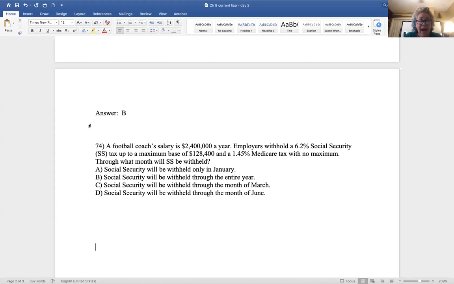So how much does the coach earn a month? $200,000. Good. So then what is the question here? Through what month will they have to withhold Social Security tax? When would the coach reach the maximum on Social Security?